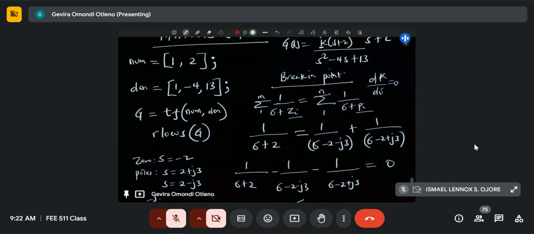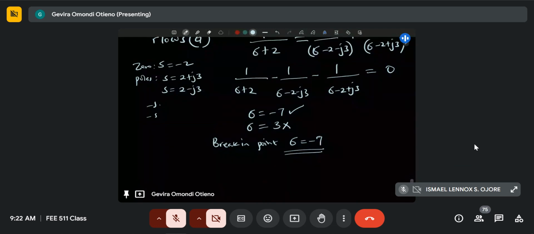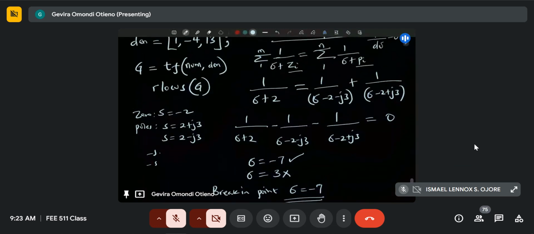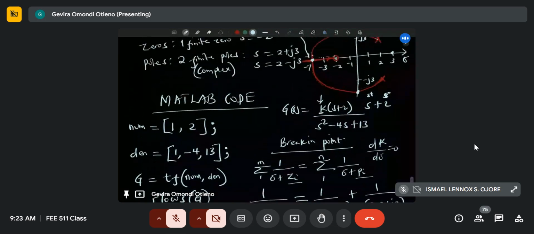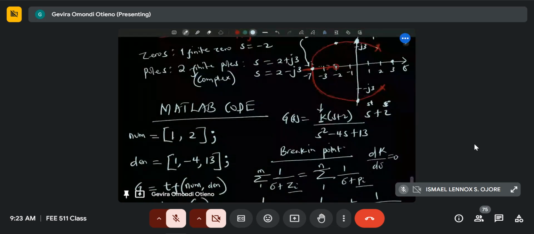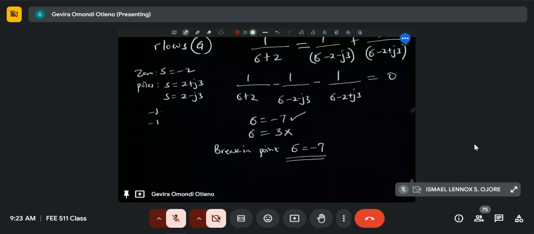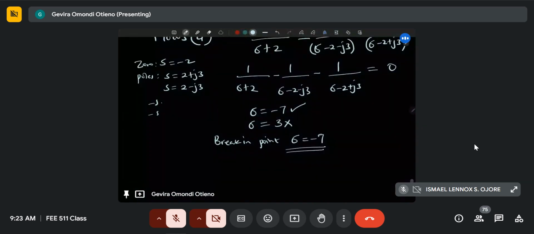Even if this was a third order equation with 3 roots, pick the one that is most appropriate based on your sketch. Because you can clearly see here that we can't pick 3. Break-in does not occur on this side. After all, the root locus we are told is occurring on the left half plane. So that's why we have picked -7. You have to pick the most appropriate one.